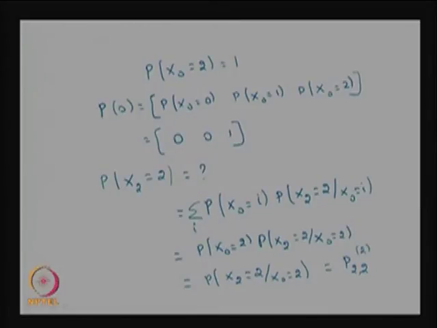This is nothing but the system was in the state 2 at 0th step and the system will be in the state 2 after the 2 steps. So, this is a 2 step transition probability of system moving from the state 2 to 2.